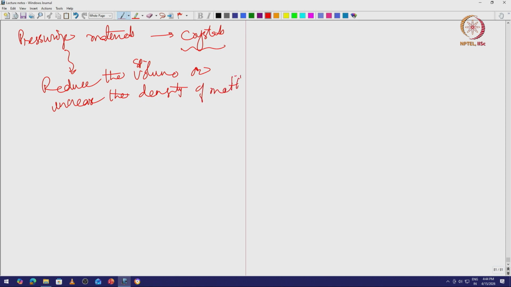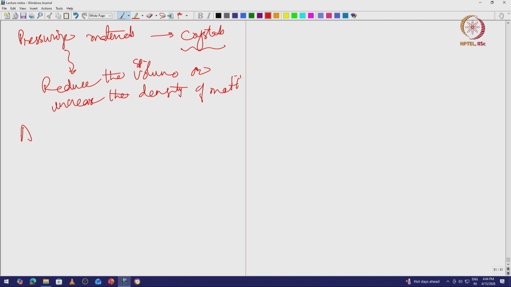So if one phase of the material has a lower volume than the other phase, then by pressurizing I can expect that the lower volume phase will win at higher pressures, right.